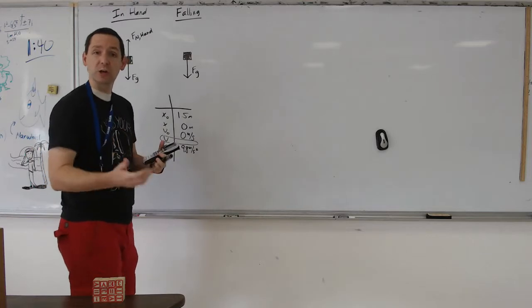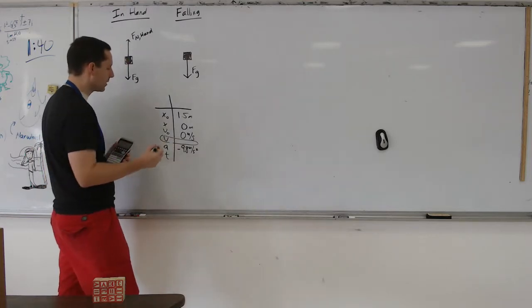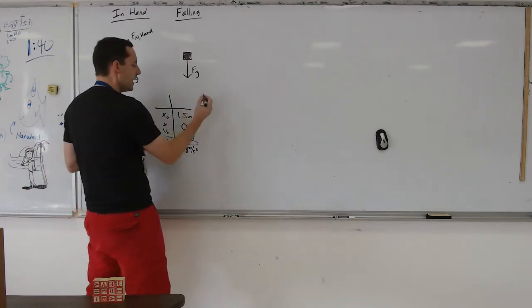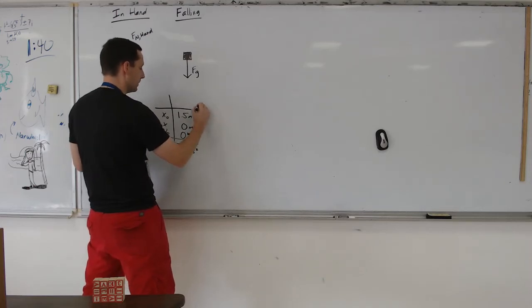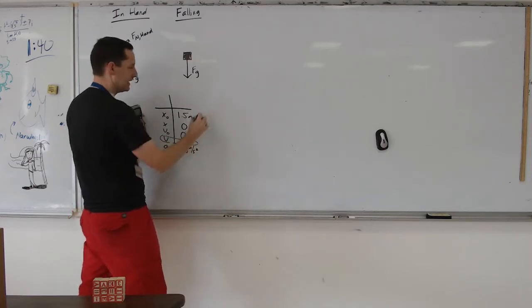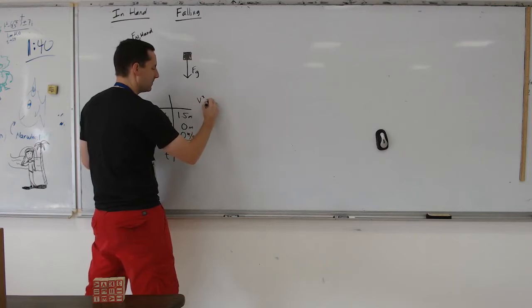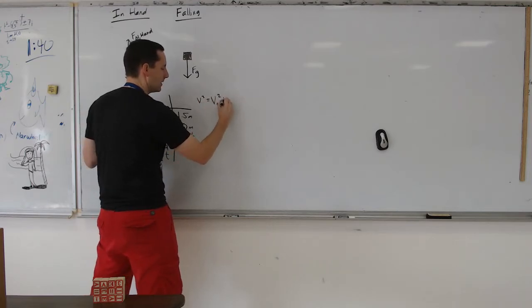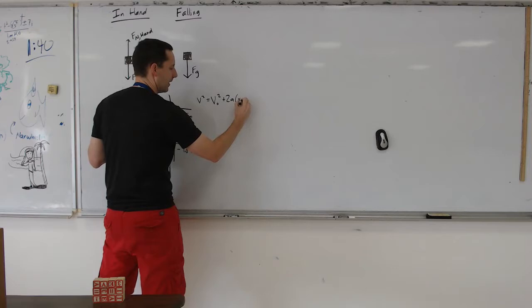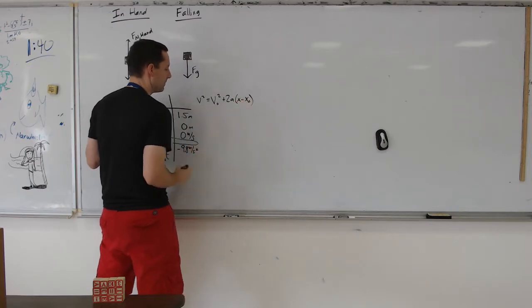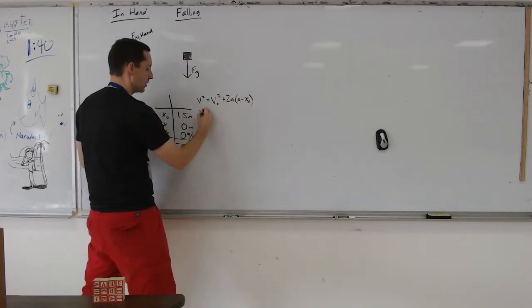So you look at your equations, you think about them, you say, okay, which equation is going to be best, and you hopefully will choose this one, the one that does not have t in it. So v squared equals v naught squared plus 2a times (x minus x naught). The v squared, that's what I'm looking for.